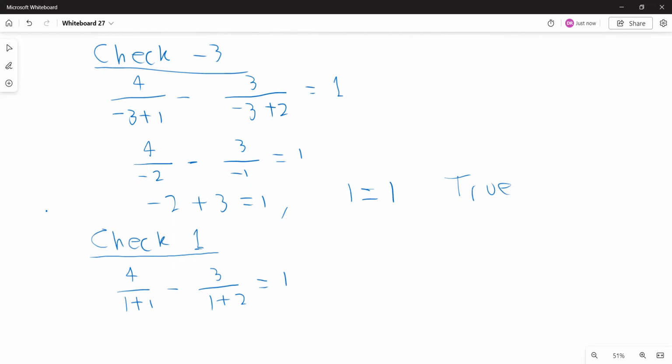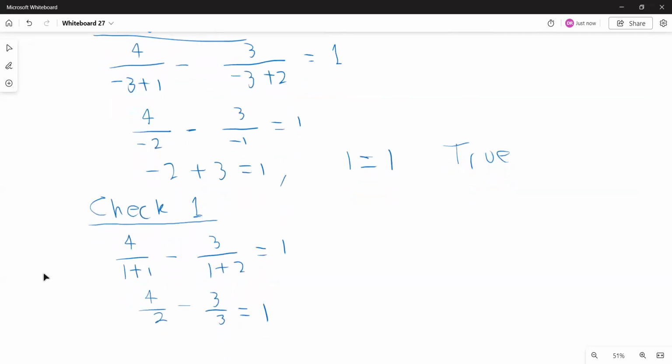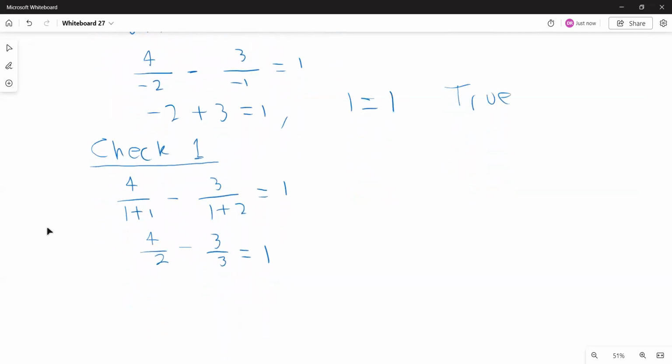So this is 4 over 2 minus 3 over 3 equals 1. But 4 over 2 is 2, so this is 2 minus 1 equals 1. So 1 equals 1. This is also true. So both ended up being solutions. The solution set is -3, 1.